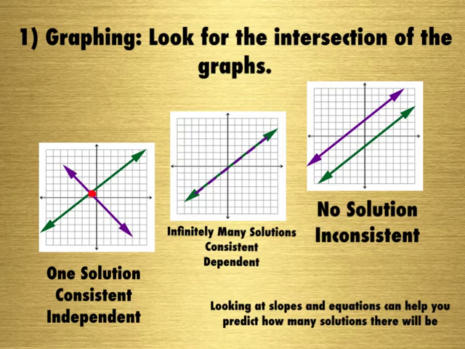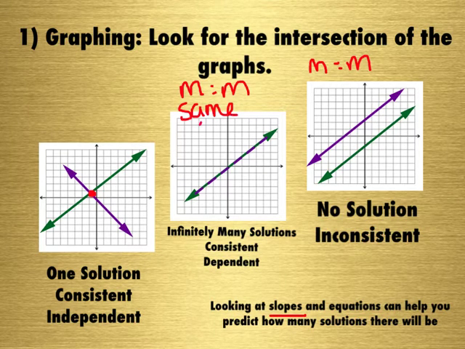Sometimes the question will ask you how many solutions there are, and you can simply look at the slopes. If they have the same slope, you're either going to have infinitely many solutions or no solutions. So then you need to look at the rest of the equation. If it's the same equation, then you will have infinitely many solutions.